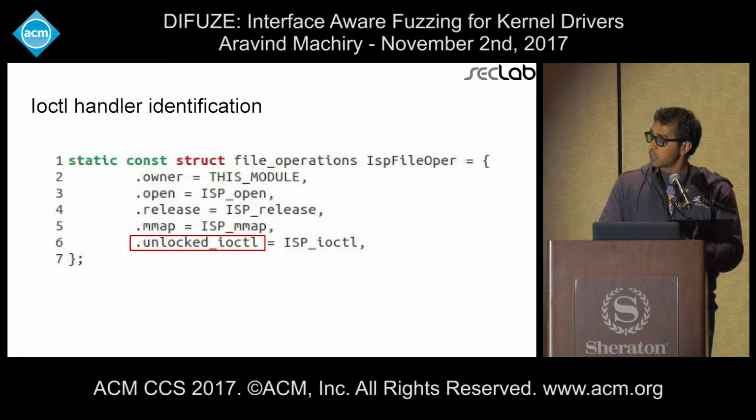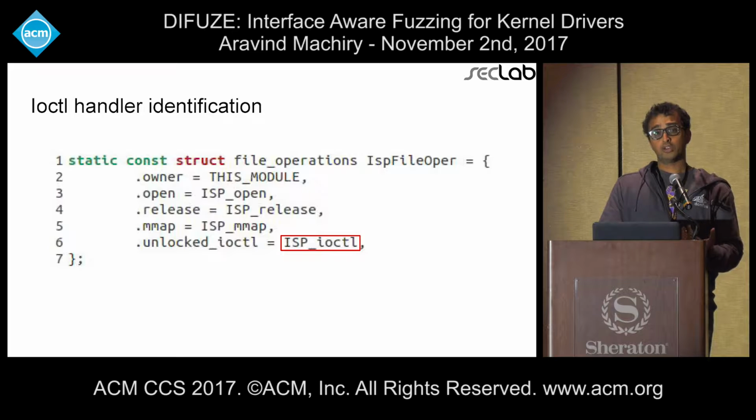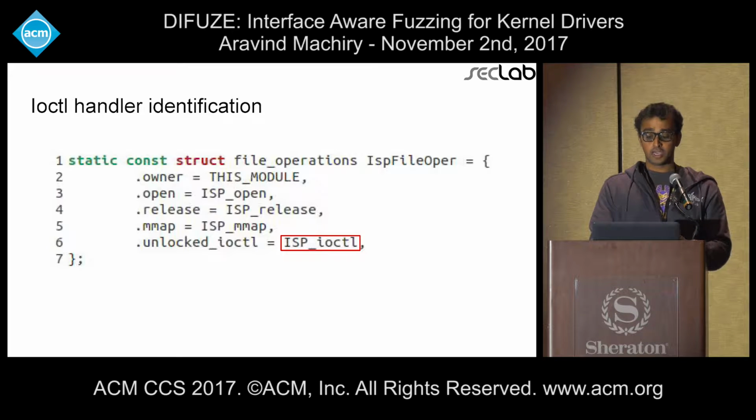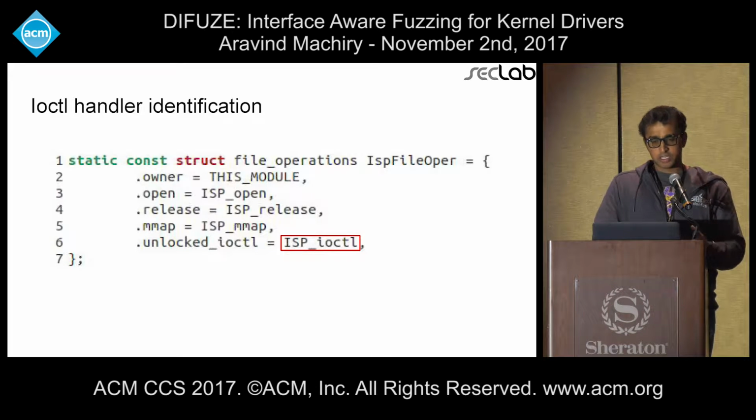The function that is assigned to the field is the function which will be called when the ioctl system call is made on that particular device file. This step is actually extremely dependent on the device types. You can refer to the paper for more details.